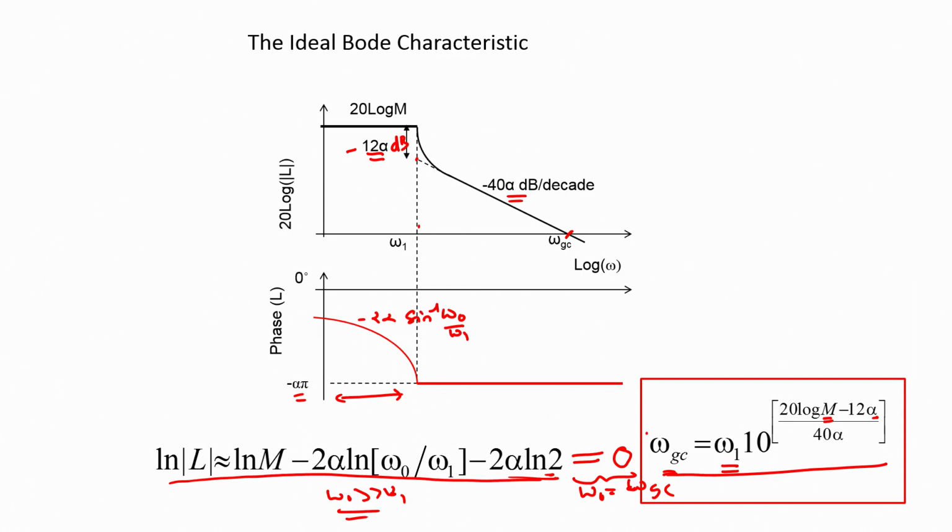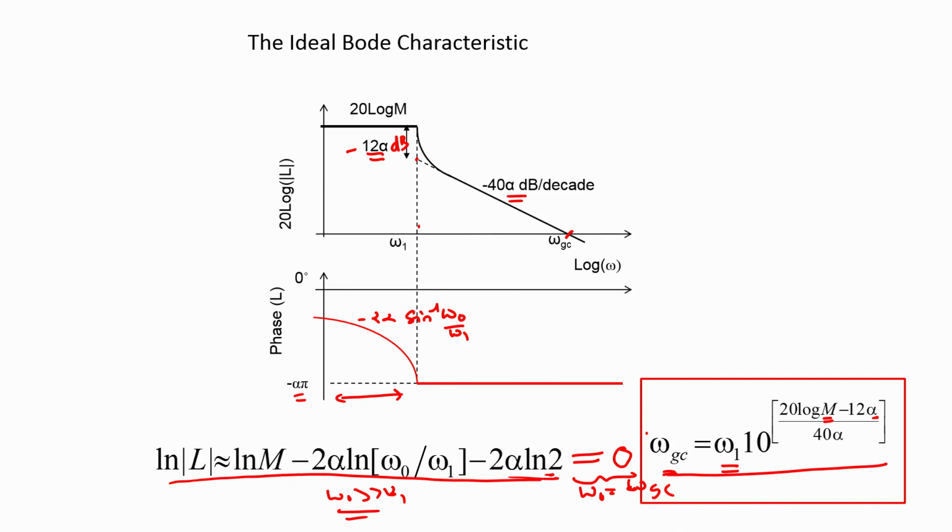closed loop control system. So I have shown in this slide the magnitude of L and the phase of L as function of frequency. So as we see, up to omega 1 our specification was that the magnitude of the loop gain had to be m units, and beyond the frequency omega 1 the phase had to be equal to minus alpha pi, where alpha was a number that was less than 1, and this ensured that our loop gain has adequate phase margin.